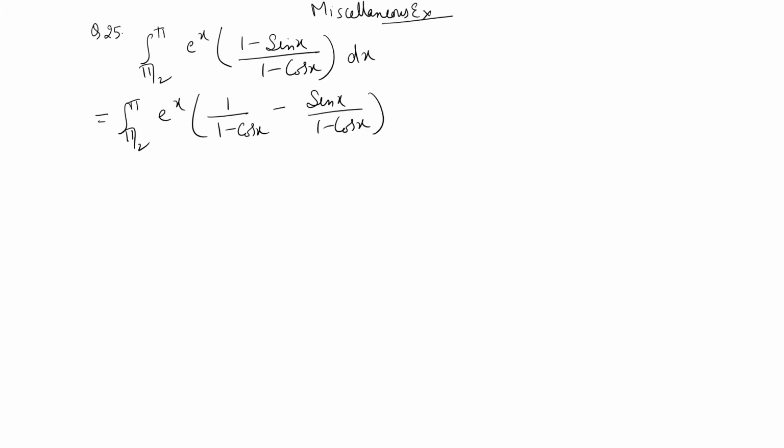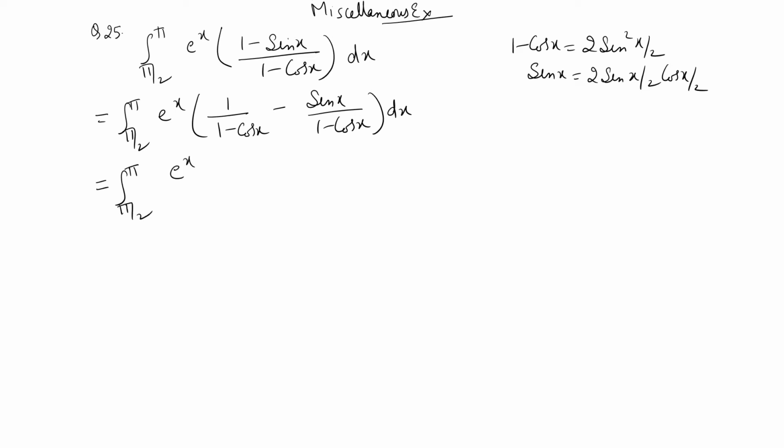I can change 1 minus cos x as 2 sin square x by 2. And sin x, by using the formula for sin 2a, can be written as 2 sin x by 2 cos x by 2. I'll definitely be getting the form which I am searching for.